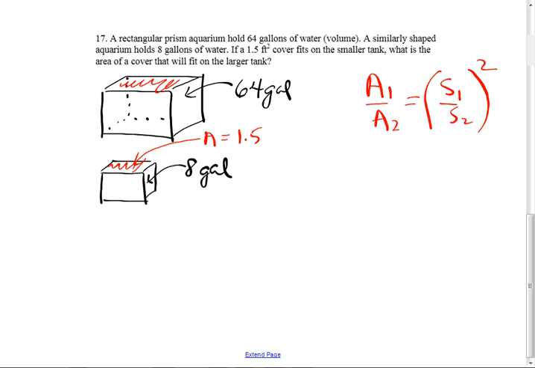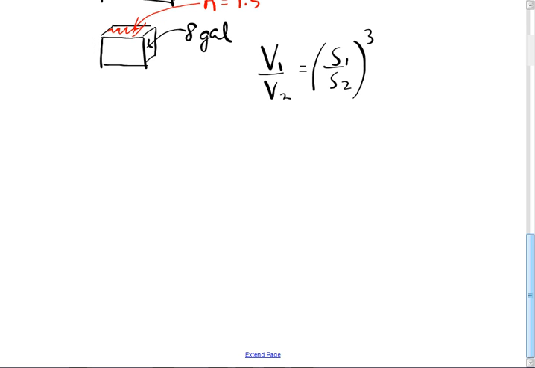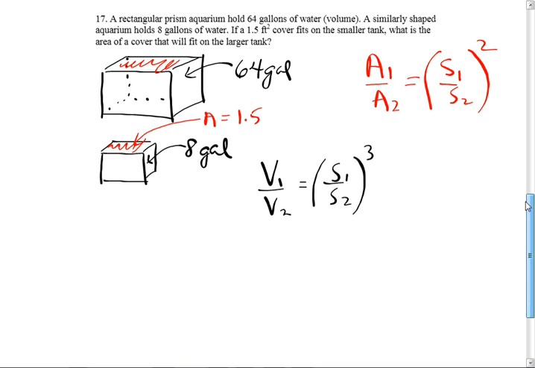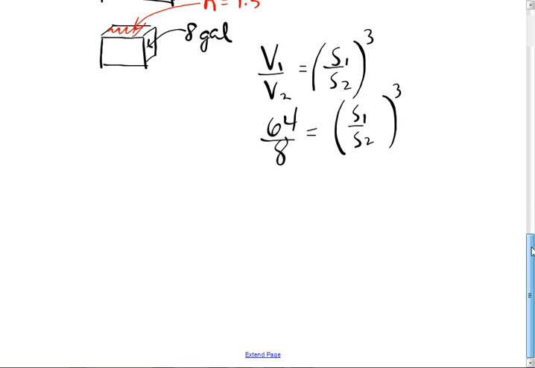And I have a volume here. Volume of one to volume of the other is equal to the ratio of the corresponding sides, what? Not squared, cubed. So if I put in the volumes, which I have, the first volume is 64, the second volume is 8, equals S1 to S2 cubed. So I'm going to divide that because that's easier.